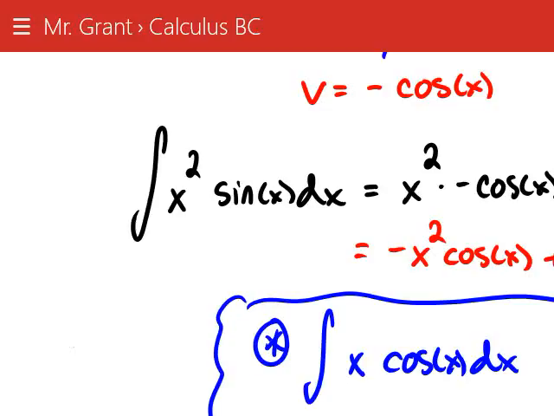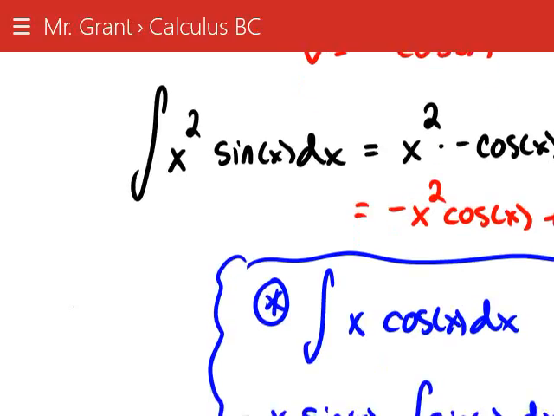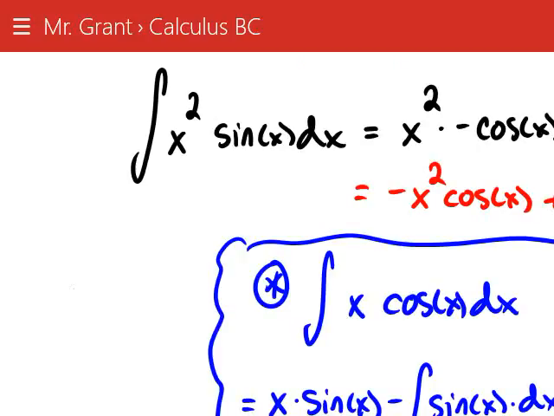And we can probably even go a bit further than this, since we can actually do the integral of sine of x. So we get x sine of x minus the integral of sine of x, which becomes negative cosine, we'll throw that in parentheses, of x plus c. And even going a bit further, x sine of x plus cosine of x plus c.